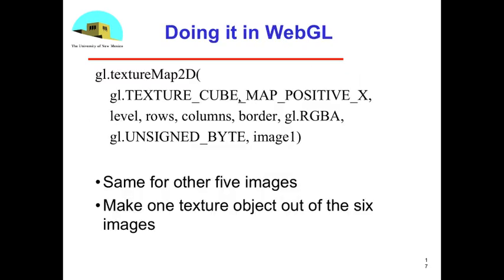So we have 6 statements like this, all of them inside the definition of a single texture object, but they're obviously identifiable by the first parameter here. And all these other parameters are exactly like they were when we did a simple texture map.